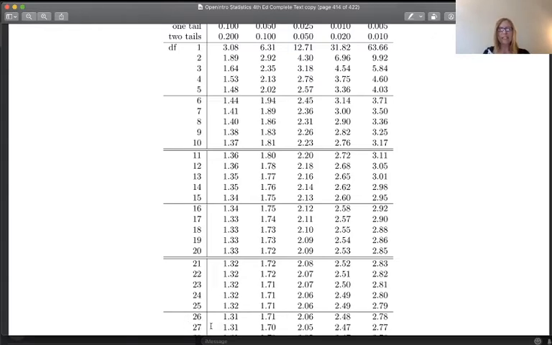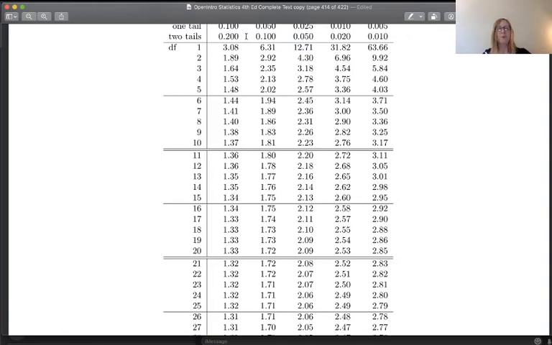My test statistic was 1.4 something, so that's between here and here. That's where my test statistic lives, somewhere between these two. So I'm going to look up at the top margins here to get the p-value. My p-value is going to be between 0.2 and 0.1.